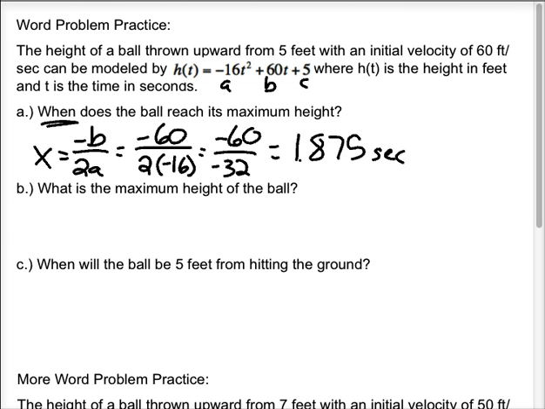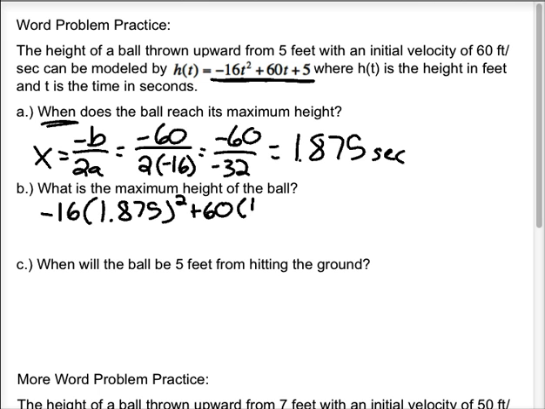Now, remember here, what is the maximum height? So the what here for that maximum height is where you plug it back in, all right? So negative 16 times 1.875 squared plus 60 times 1.875 plus 5.